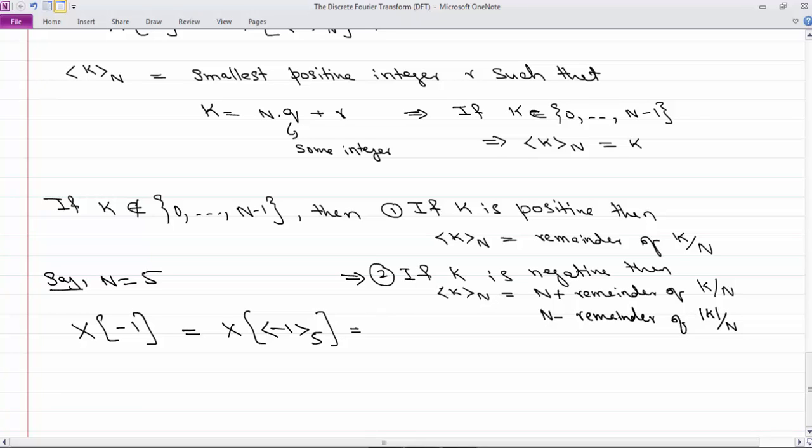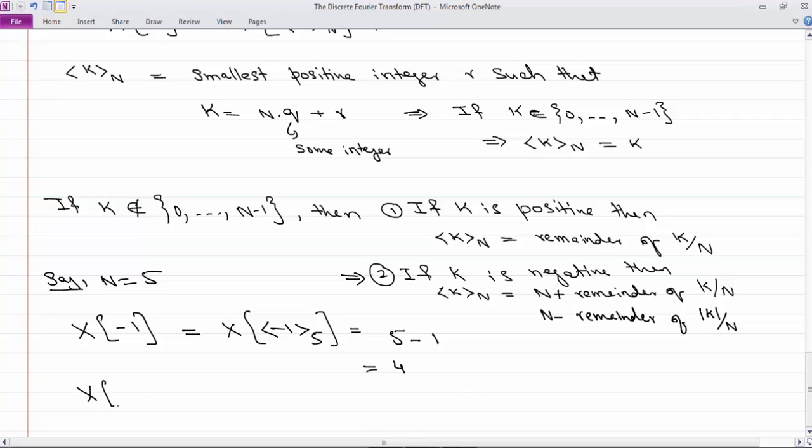If you use that formula, going with the second one, it will be 5 minus the remainder of 1 divided by 5. So the remainder is 1, and the result is 4. Okay.